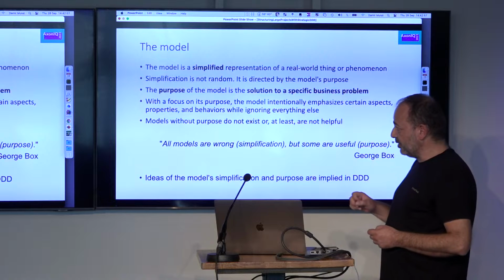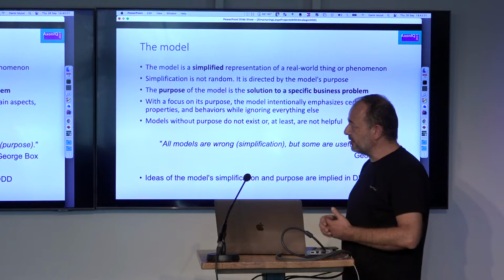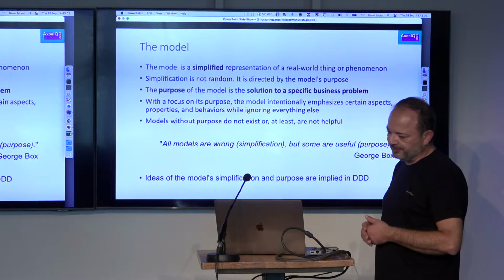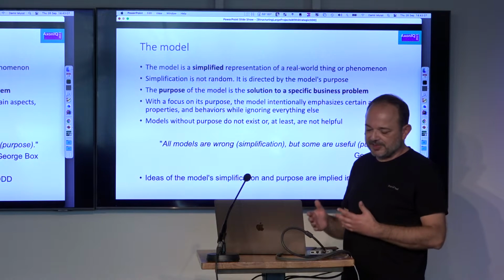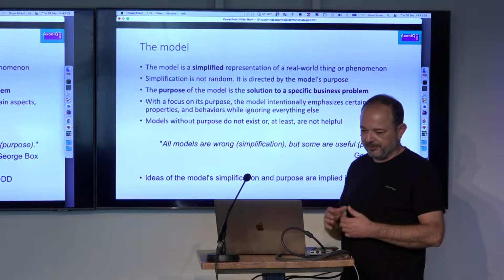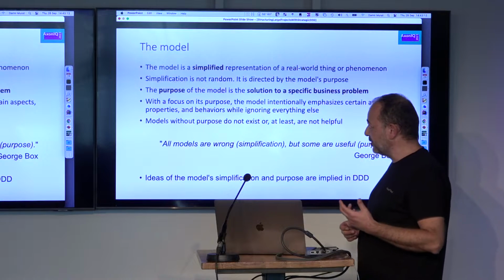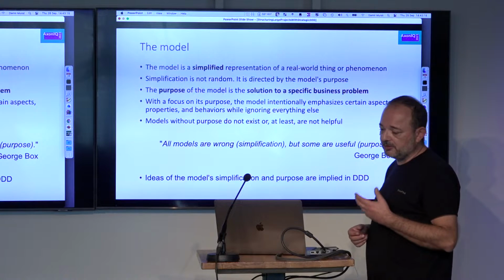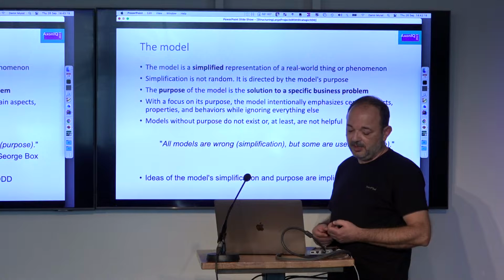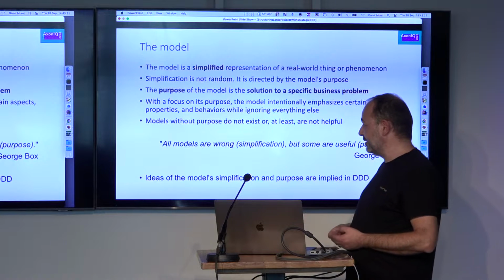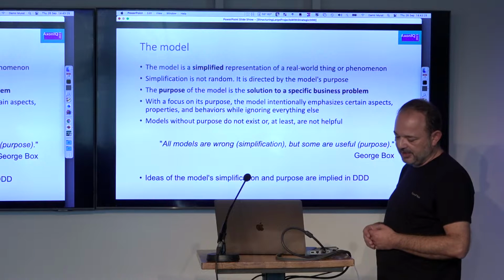Now I'll describe those pillars, but before I do that, I'll spend a moment on the general idea of a model. A model is a simplified representation of some real thing. But the crucial bit here is that the simplification is not random. It should always be directed by the model's purpose. And the purpose of a model is, of course, to provide a solution to the given business problem.